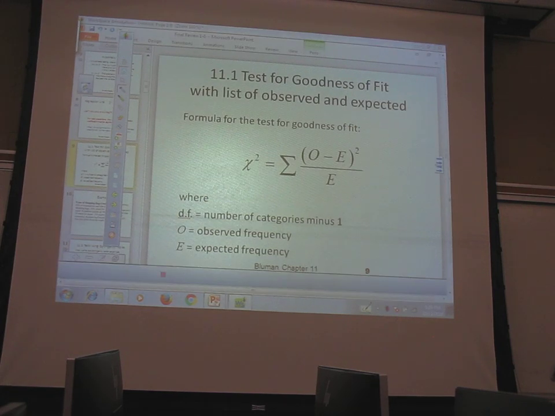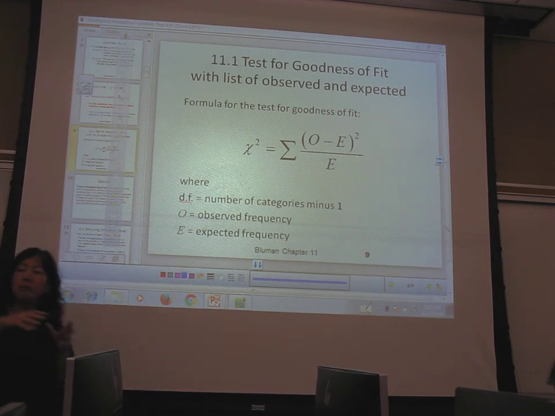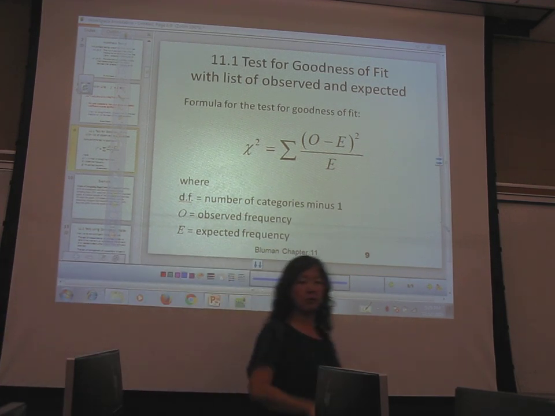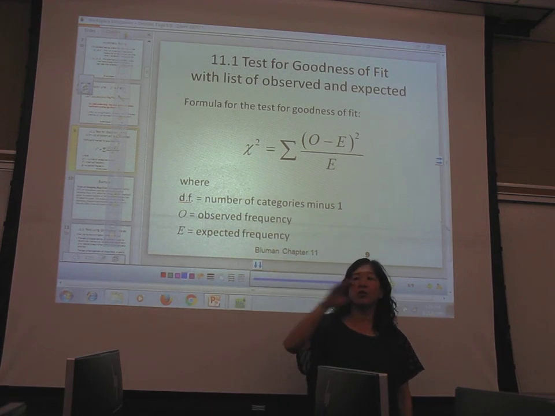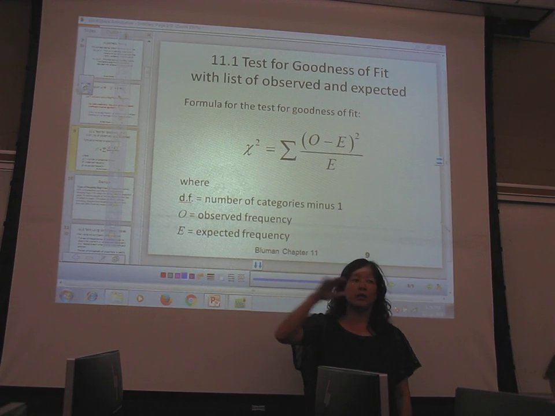Here is chapter 11, 11.1. Goodness of fit. This is saying that what you observe matches what you expected to get. So this is about proportions. It's one variable and categories, like flavors of soda, or days of the week.